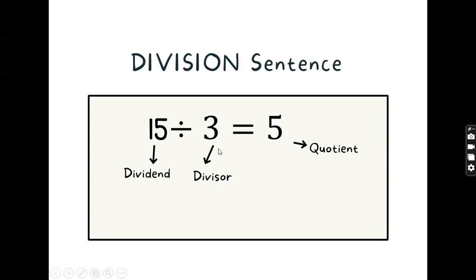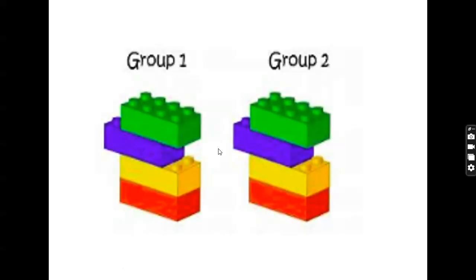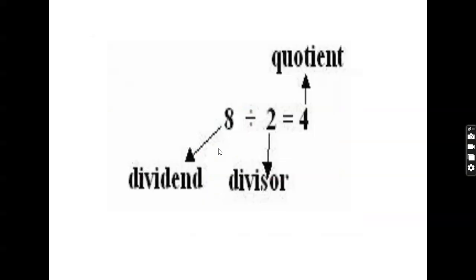Okay? So, another example. I have 8 Lego pieces and I want to distribute them into groups equally, such that each group will have the same number of pieces. So what should I do in this case? The number in all, 8 pieces, divided into 2 groups.